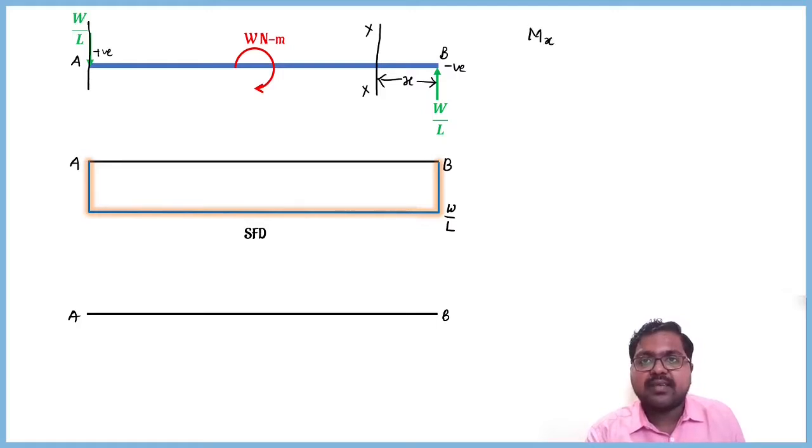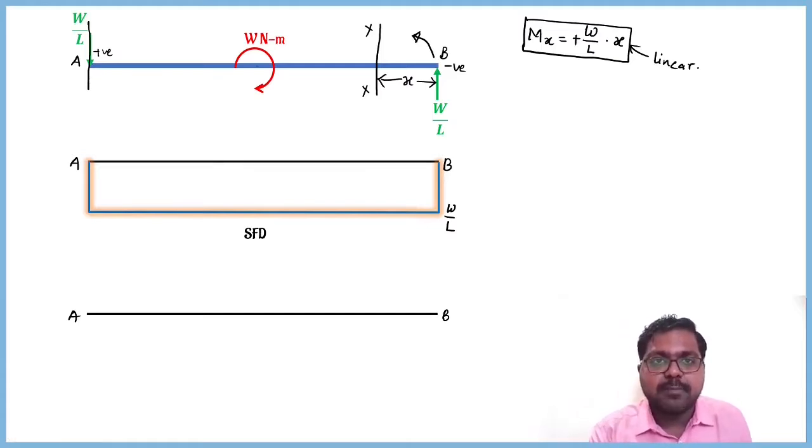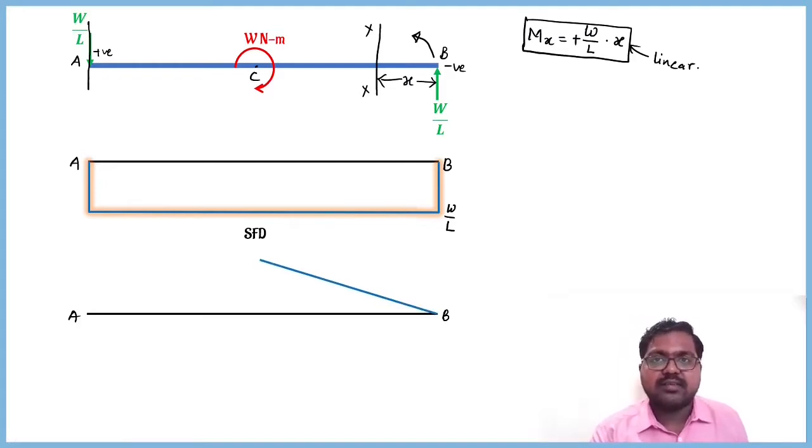So MX will be equal to W by L into X, and it is creating an anti-clockwise moment. So it is positive. So with this, we can say bending moment variation is in a linear path or a straight line path. So it will continue up to this point C. Bending moment will continue like this.